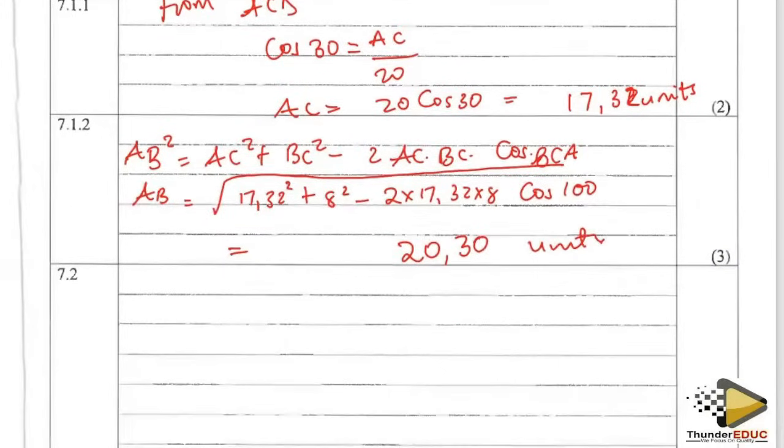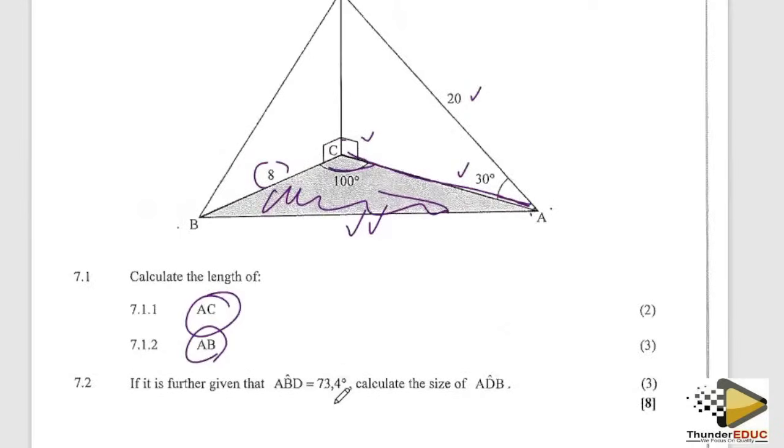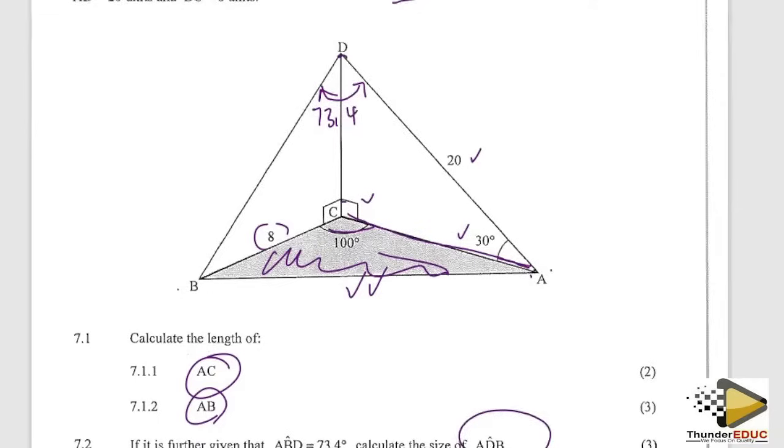Then now 7.2. It's further given that ABD, so all of this, is 73.4, and we find the angle ADB.